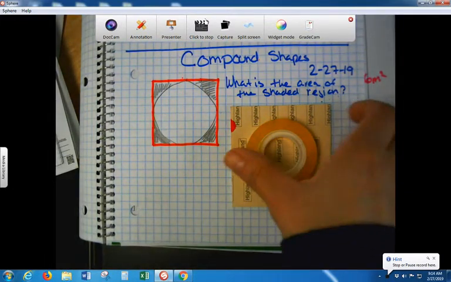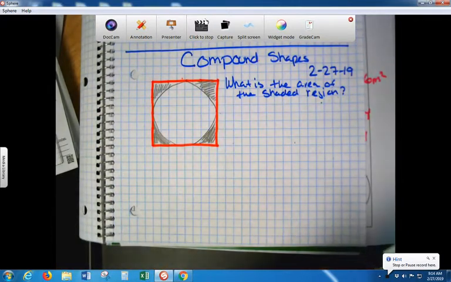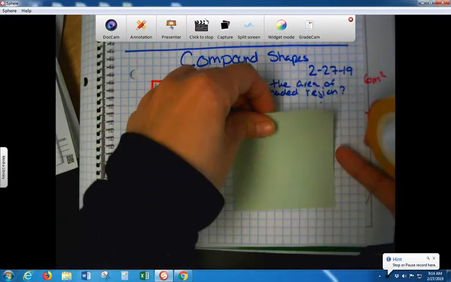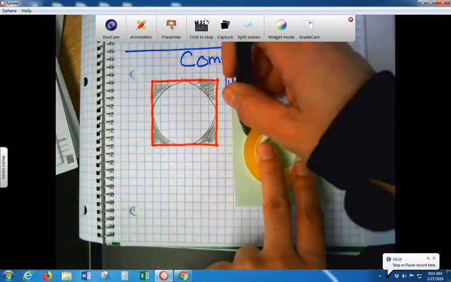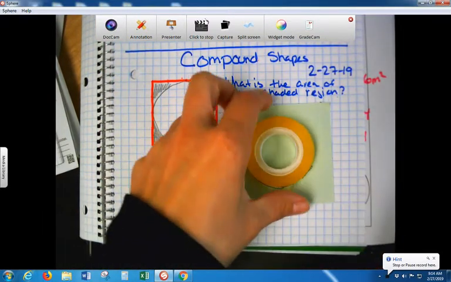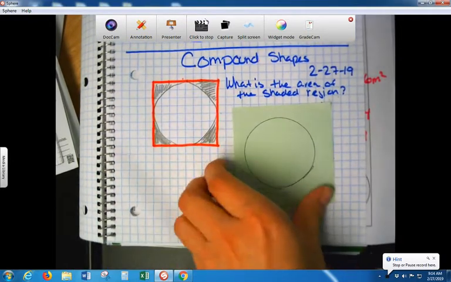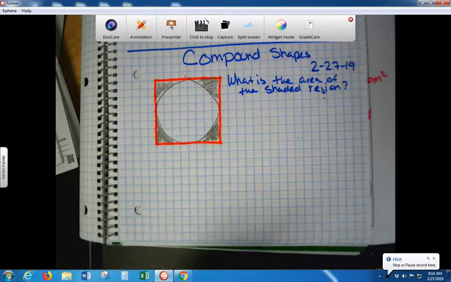The square. Not the square, because like, yeah, so basically, if I were to take this and like that, and cut it out, oh, my cutting skills are amazing. Don't cut yourself.